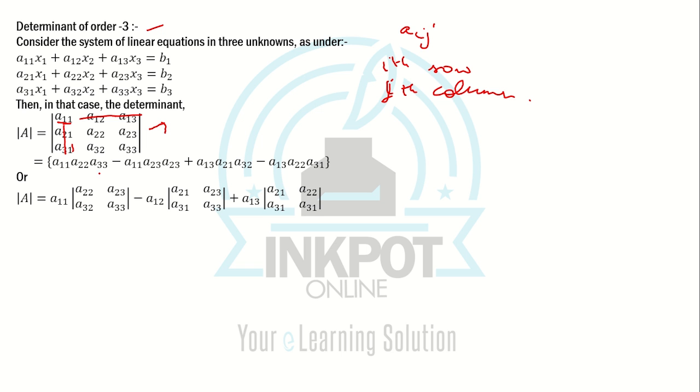To remember whether it's a positive sign associated with a11, a negative sign associated with a12, and a positive sign associated with a13, the easier way is this: if i plus j is odd, then you would have a negative sign associated with it, and if i plus j is even, then you would have a positive sign associated with the determinant calculation. That's just something to keep in mind.